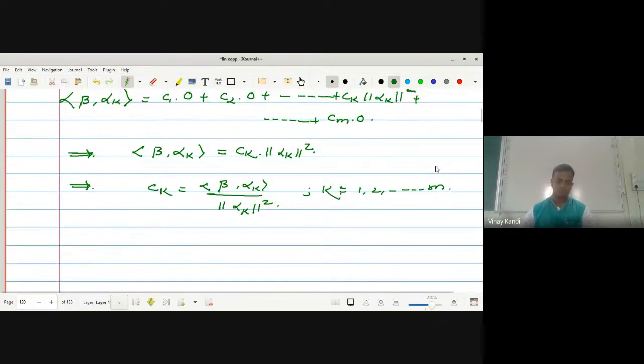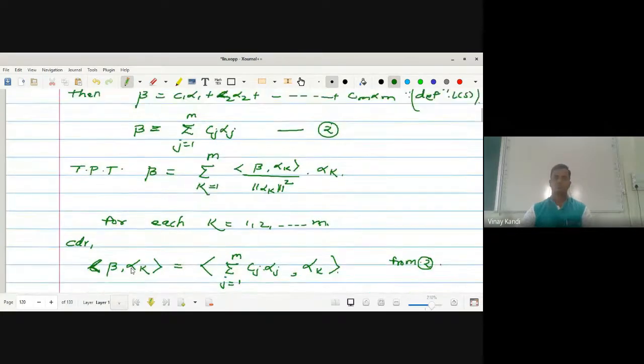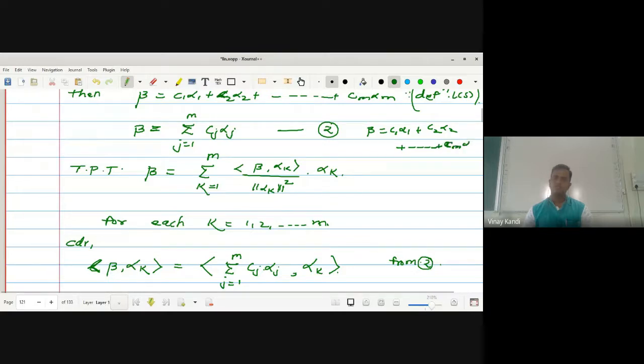Hence, substituting the values of C1, C2 up to so on Cm in equation 2, what do we get? What is equation 2? Beta is equal to C1 alpha 1 plus C2 alpha 2 plus up to so on Cm alpha m.